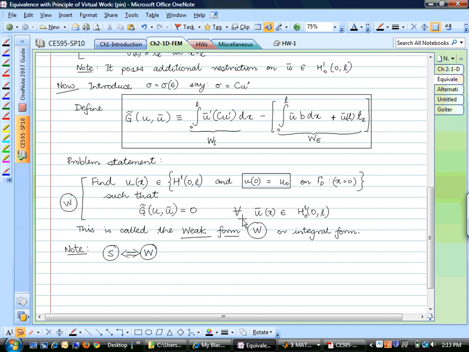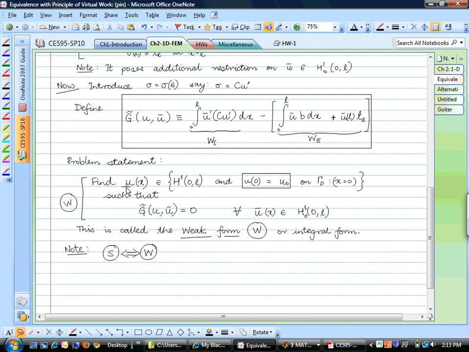And this for all statement is very important. You cannot say that here are a couple of u bars and my functional is 0 for these couple of u bars, and therefore I've solved the problem. You have to show that this functional is 0 for all u bar which belong to, again, the H1 space, but in addition they have to be 0 at x equal to 0.